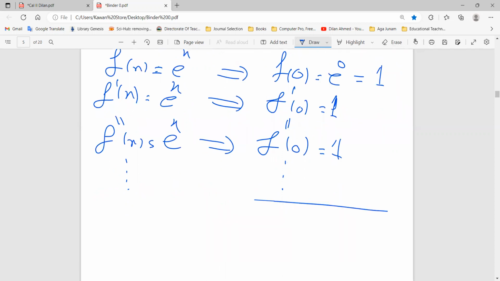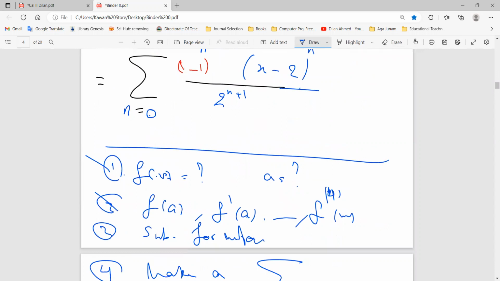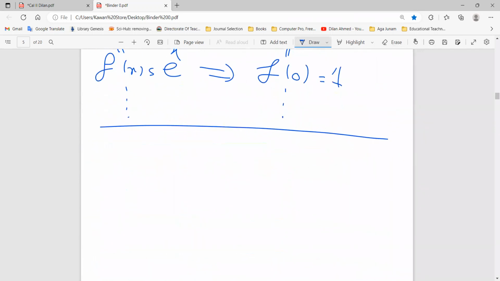Now it's time for the third step. The first step is finished. Second, now it's time to substitute in the formula. I know the Maclaurin series is the sum of f to the k at 0, x to power k over k factorial, k from 0.